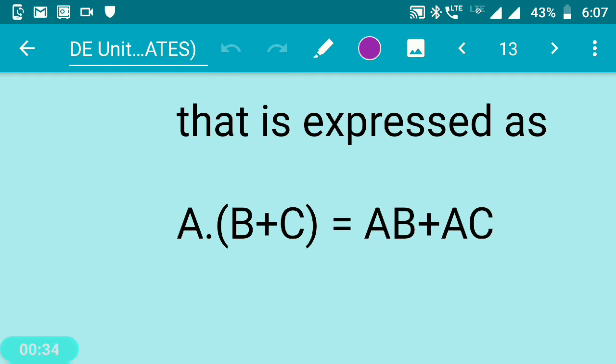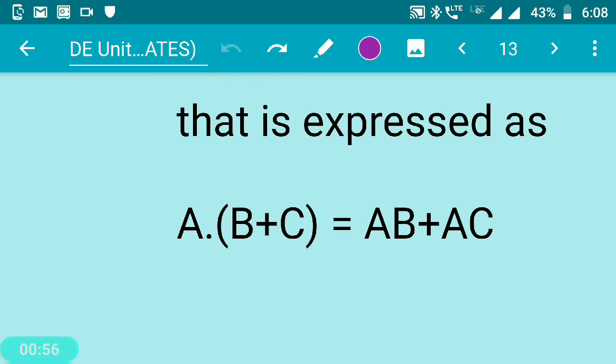You have three variables: variable A, variable B, and variable C. So A and B or C is the equation. You have both the ORing operation and ANDing operation in one single equation. That is why distributive law is not given for multiplication and addition separately. Multiplication and addition come in the same distributive law.